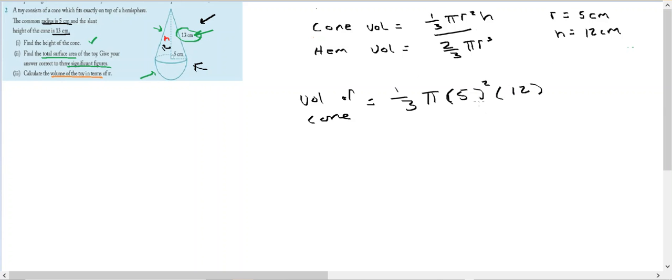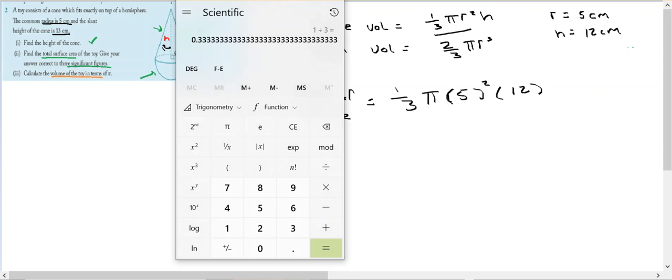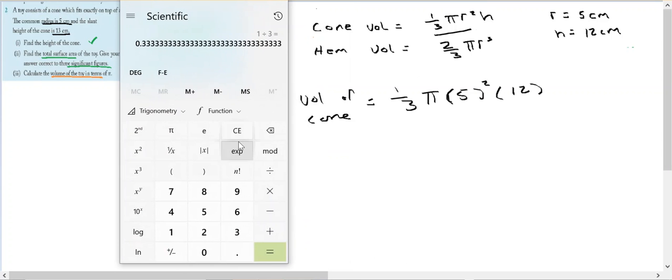So then we multiply this out. Remember BIMDAS: you'll do this power first, then you do the multiplication. So it's going to be 5 squared, which is 25, by 12, by 1. So that's 300.